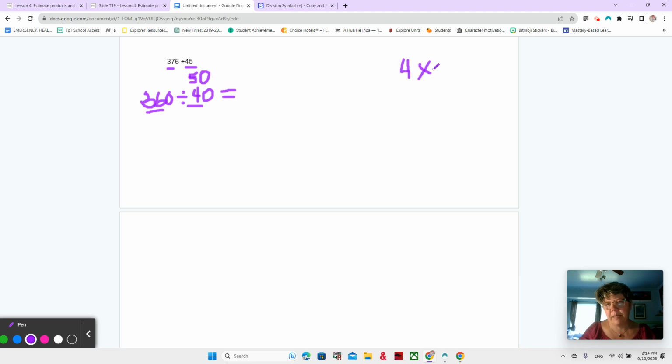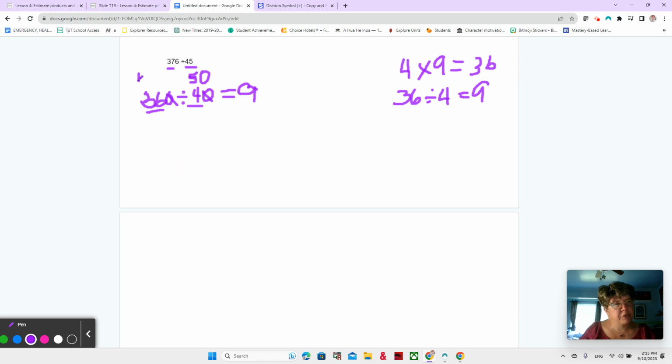So 4 times 9 equals 36. So that means that 36 divided by 4 equals 9, right? Okay, so 360 divided by 40 equals 9. And both of our zeros would cross each other out. Okay, so that would just be 9.